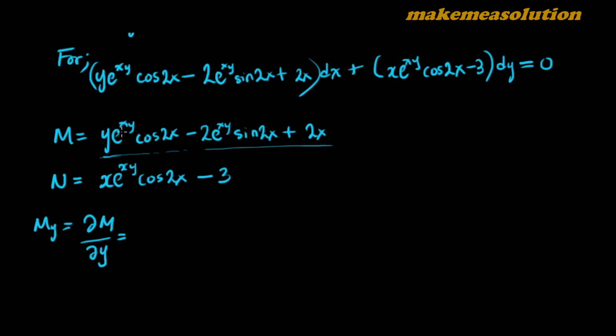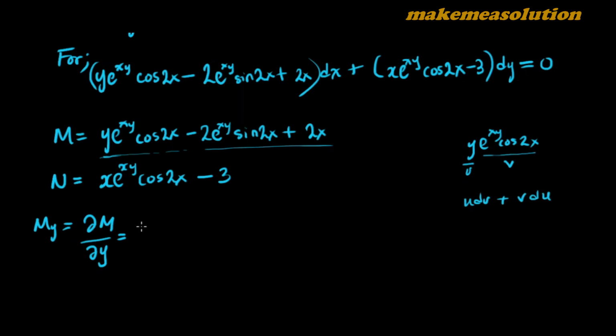Now this is how I'm going to organize y e^(xy) cos 2x to check for its exactness. I'll take the whole of this as my v term, and the whole of this as my u term. So remember the law, u dv plus v du. That's the product rule.